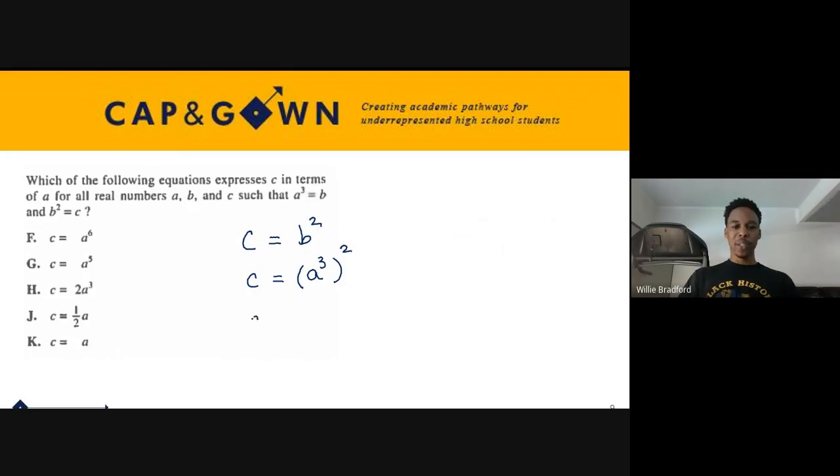All right, so let's see what C is equal to in terms of A. All right, I have a power raised to another power. That means I need to multiply the exponents. All right, A to the 6th, and I see that that answer is F.